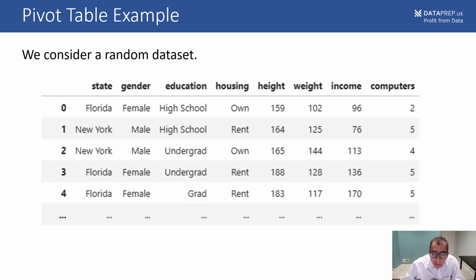Let's consider a random data set. This is a completely random data set created using random number generation. And as you can see, it has several fields.